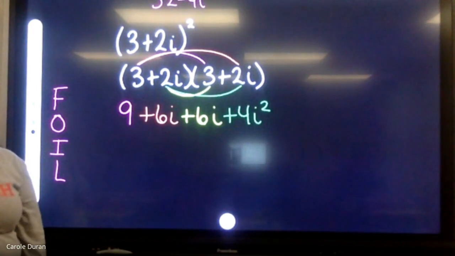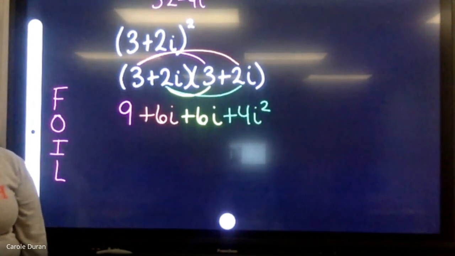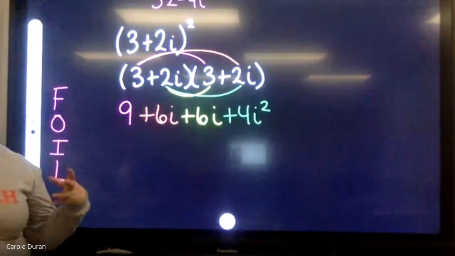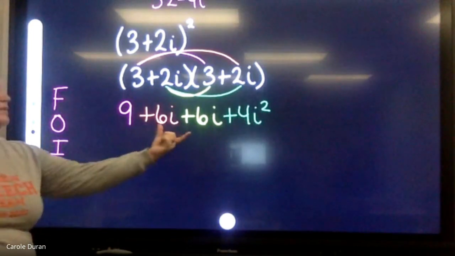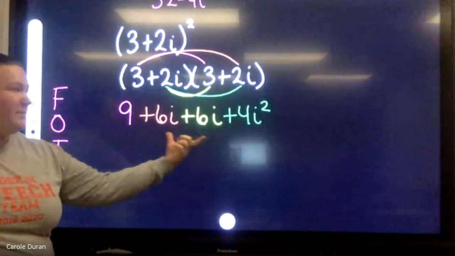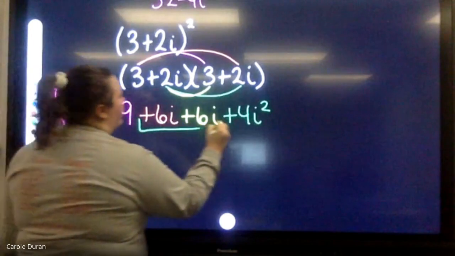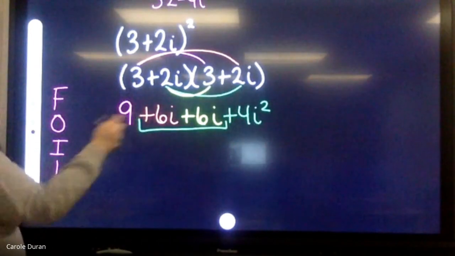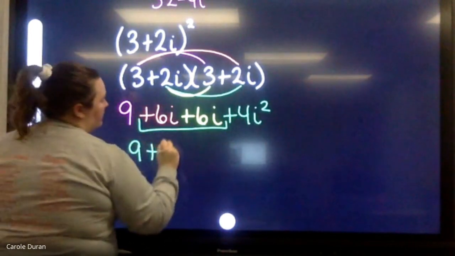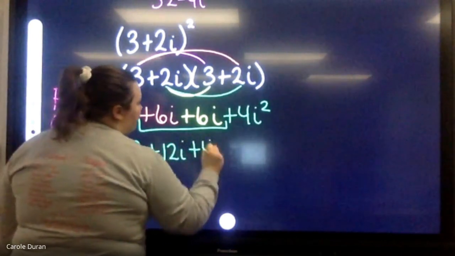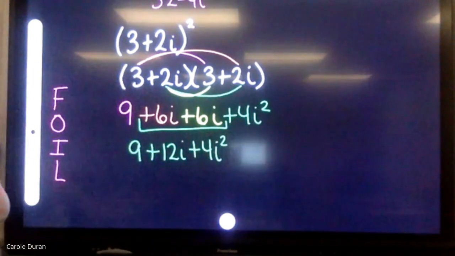Camden, what's my next step? I combine like terms, which means that the i attached has to have the same exponent. Both of these have no exponent, which means it's a 1. So I can put them together. So 6 and 6 becomes 12. And then I still have the plus 4i squared at the end. Am I finished?